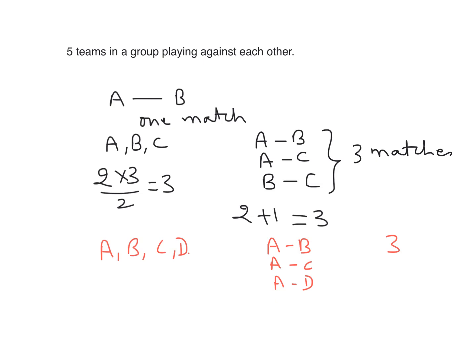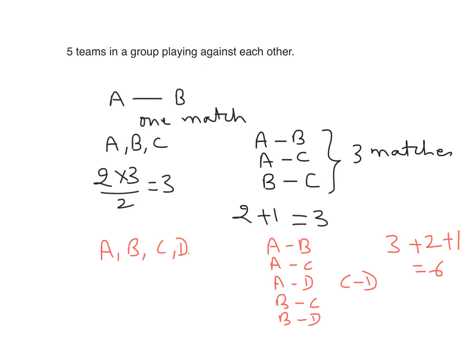Then B with C and B with D, so you have 2 matches from this stage. Then you have C with D, that again is 1, and D has already played against C, B and A, all the 3 by this time. So 3 plus 2 plus 1, that is equal to 6.